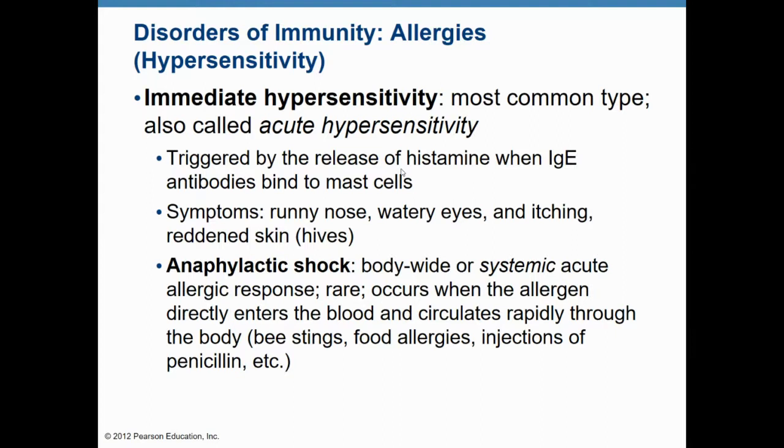So people who are allergic to things like bee stings or peanuts or other types of tree nuts, some people are allergic to penicillin. If it gets into the bloodstream and circulates, you'll have this entire system-wide response where all of your blood vessels dilate at the same time, your blood pressure will plummet, and that can actually cause cardiac arrest. So it can be deadly.